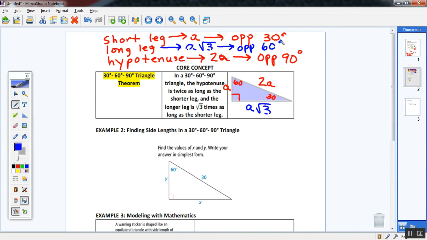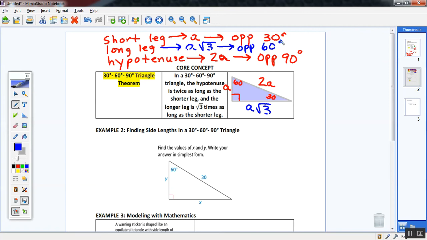Let me show you something. My rule right here, that long part across from 60, the longer leg should be the short leg times what? Square root of 3. What is the short leg here, kids? Okay, this should equal 5 times what? Well, 5 times square root of 3 in the end. Let me show you this right here.